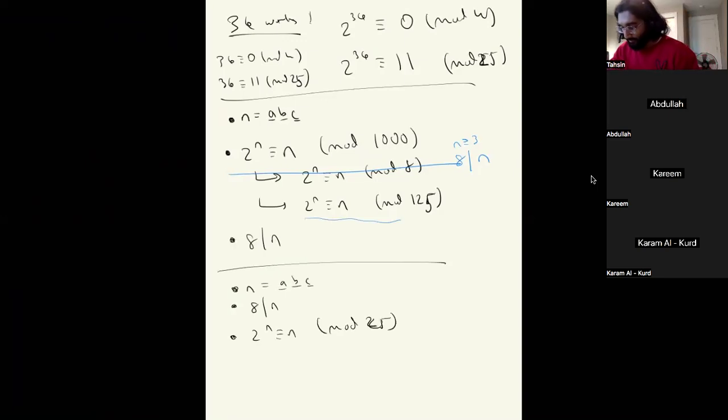I claim you've actually already solved this, more or less. Do you see what I'm saying? What you solved before was what to do if 4 divides n and 2 to the n is congruent to n mod 25.